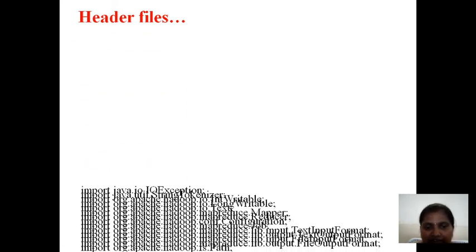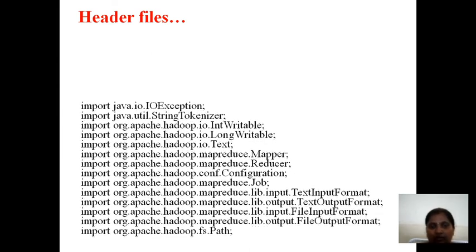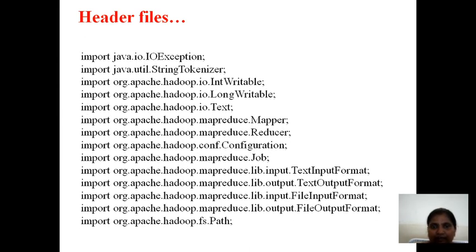These are all the header files we have to include to work efficiently. If you want to iterate or go to the next token, we have to use StringTokenizer. If you want to use IntWritable type, we have to include that. LongWritable for the addresses. Text. If you want to define your own mapper, we have to use the Mapper class, and a Reducer class.